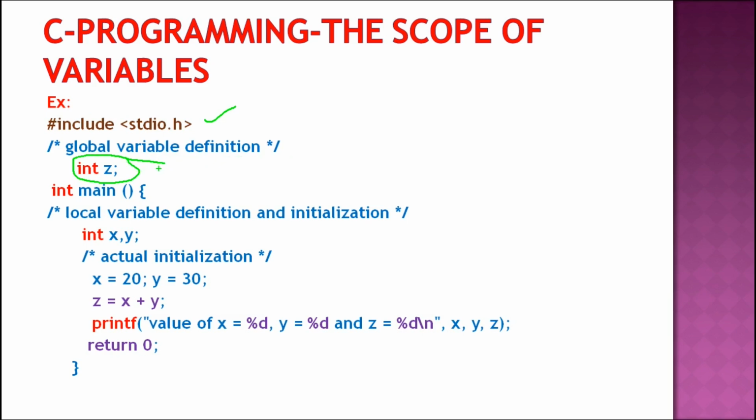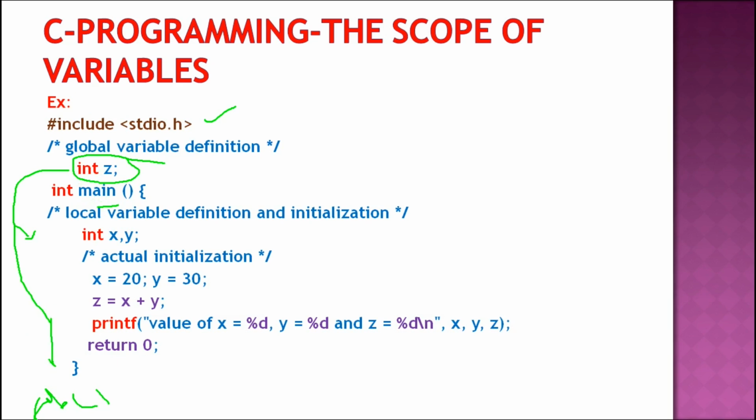It is available to the main function, and if you define any function other than main, that also can access the integer z. That means the variable can be accessed globally. In this example we mostly look into the global variable, right?